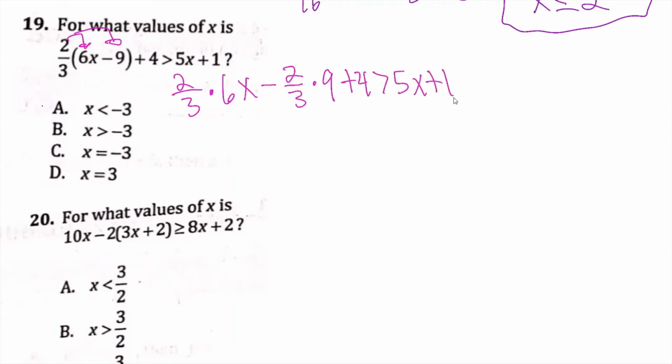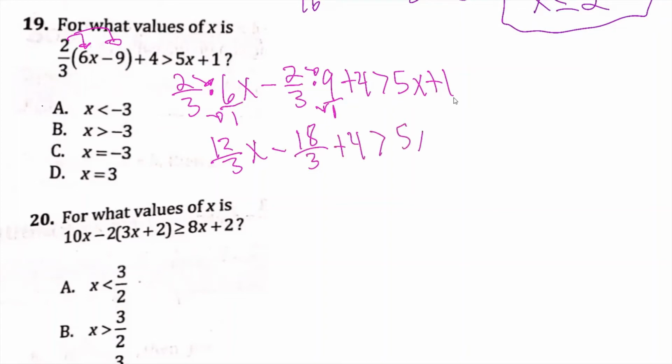Okay, so here we know that 6 is 6/1, right? We just multiplied the tops and tops, bottom and bottom here. So then we have 2 times 6 is 12, 3 times 1 is 3, x minus 2 times 9 is 18, 3 times 1 is just 3, plus 4 greater than 5x plus 1.